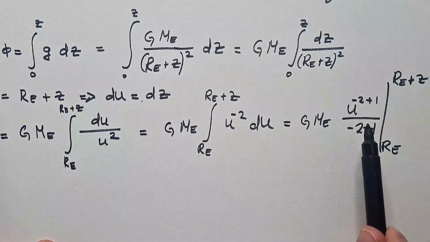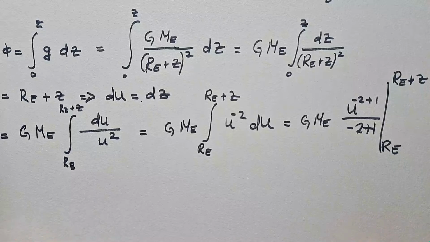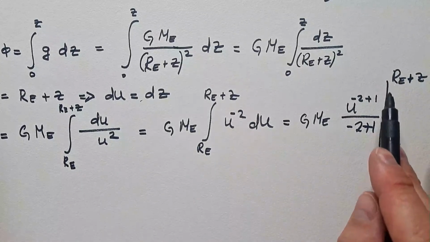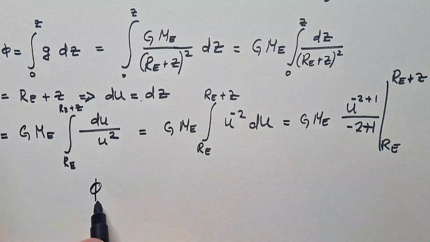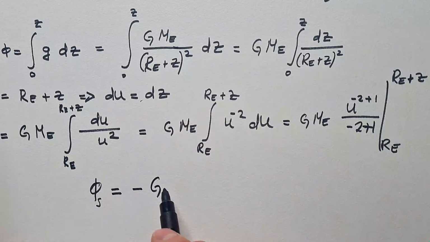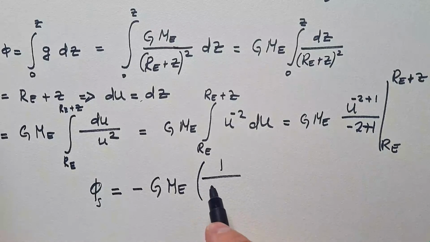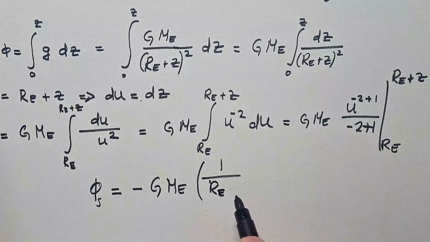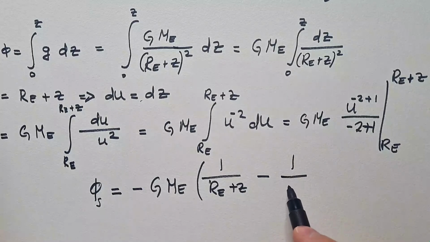I'm doing this a little bit more detailed than perhaps I should, but perhaps some of you are not familiar with integrals, and this is good practice for you. Now, when I insert these limits, my geopotential phi, and let's put here S for sphere, is minus G M_E times 1 divided by R_E plus z minus 1 over R_E.